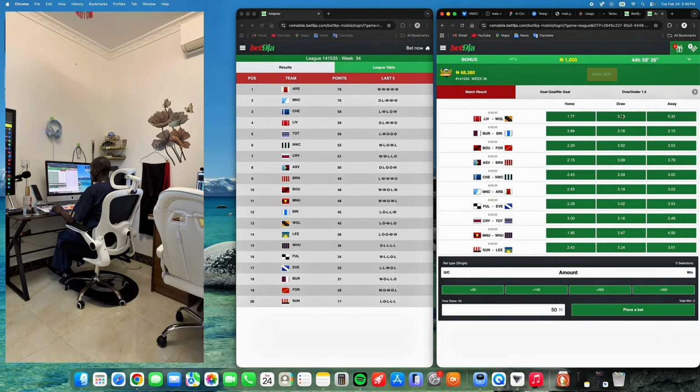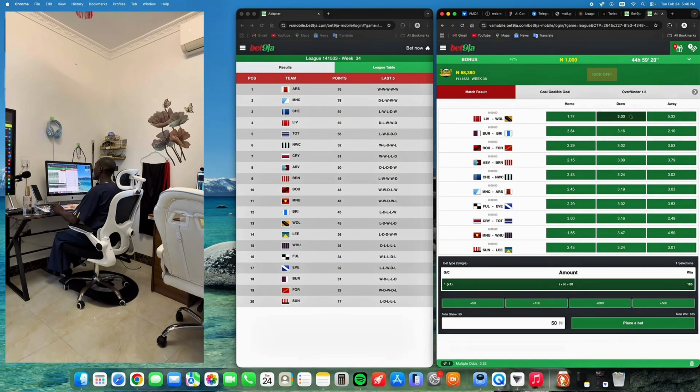Then we can use the draw as our back bet to back up our bets. The aim of this draw that we are betting on is not to make profit. The aim is just to return our money that we have bet on the small lower odds to win, in case the low odd doesn't win.